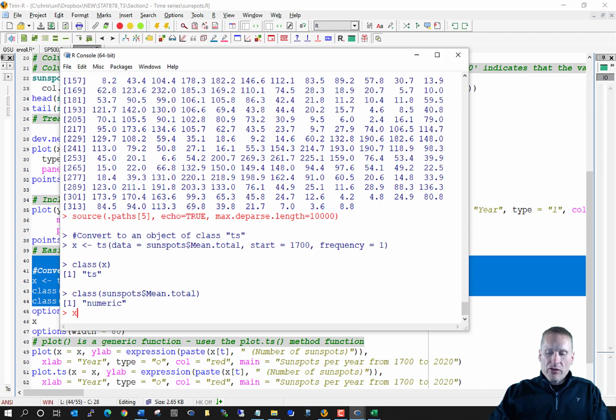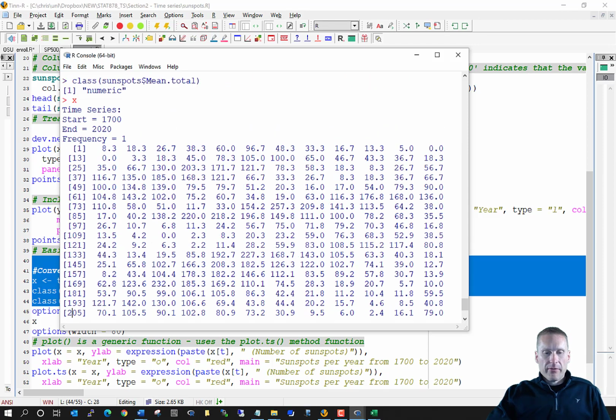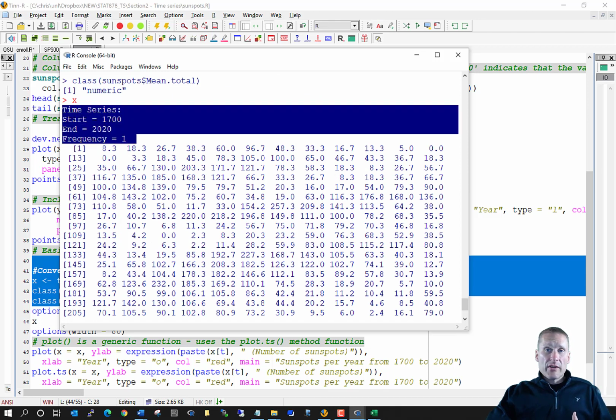And so if I actually type x now, and page up a little bit here, we see that x has attached some additional information to this data that wasn't there before. It says, oh, you have a time series. It starts in the year 1700, it ends in the year 2020, and I have one observation per year.